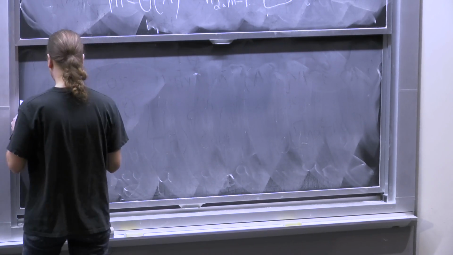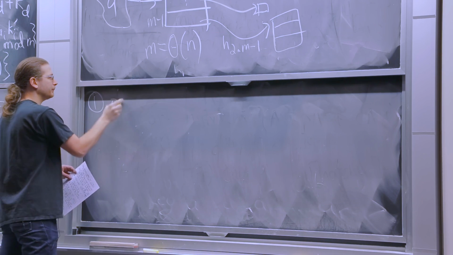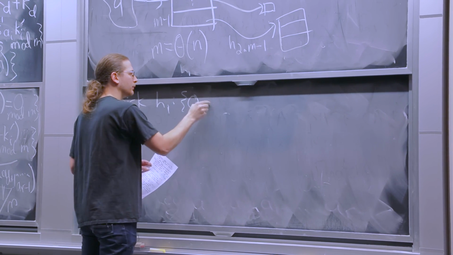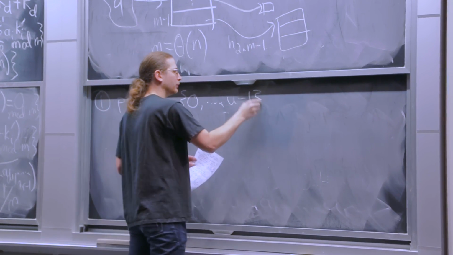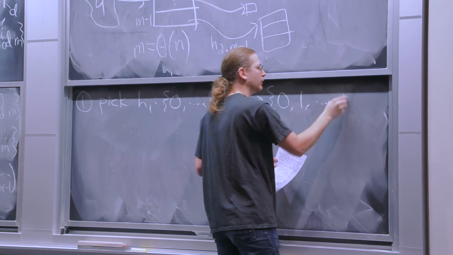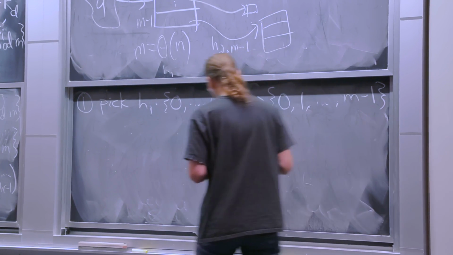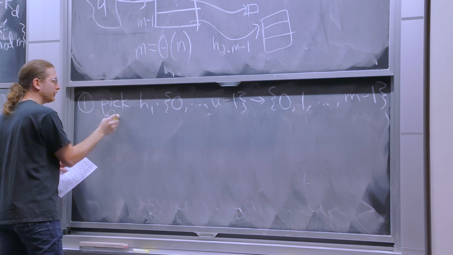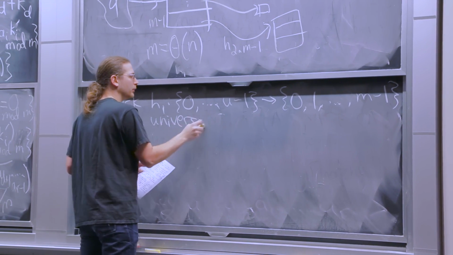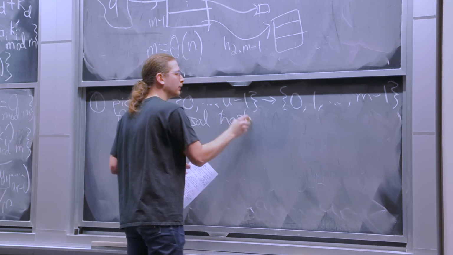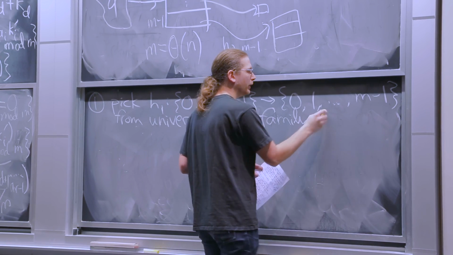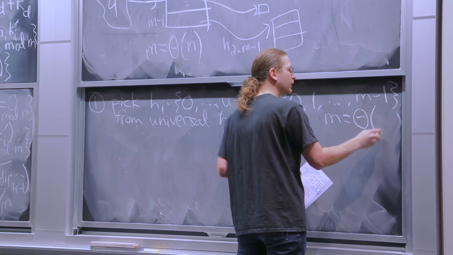Let me write down a little more carefully what I'm doing. So h1 is picked from a universal hash family, where m is theta n.